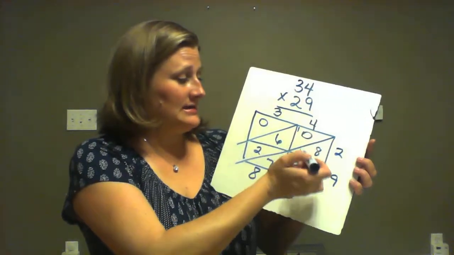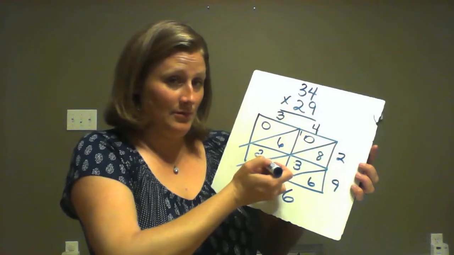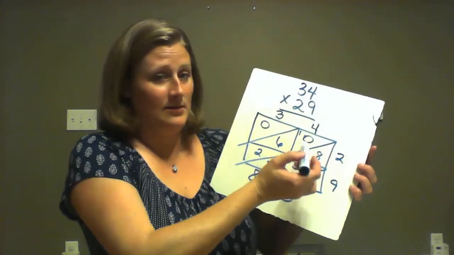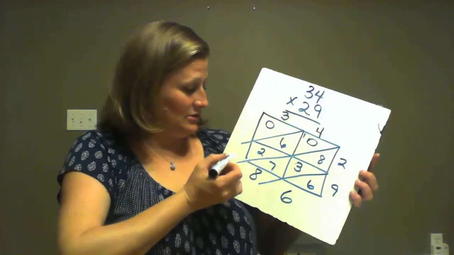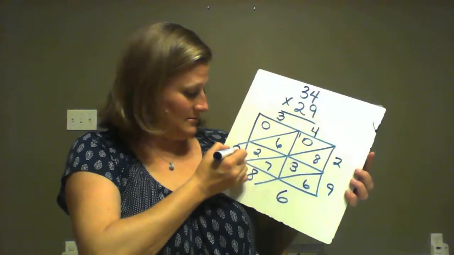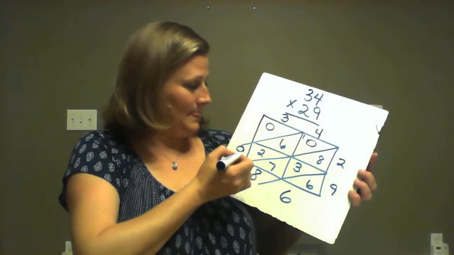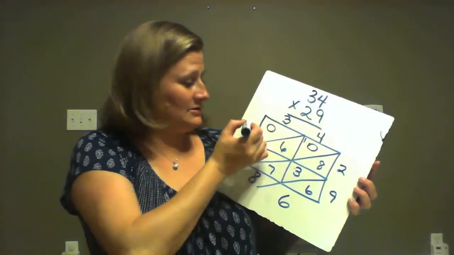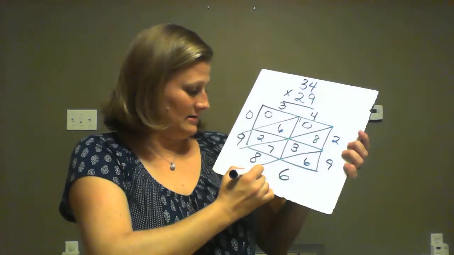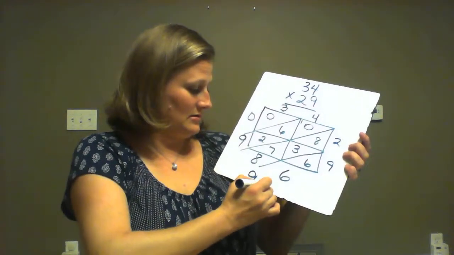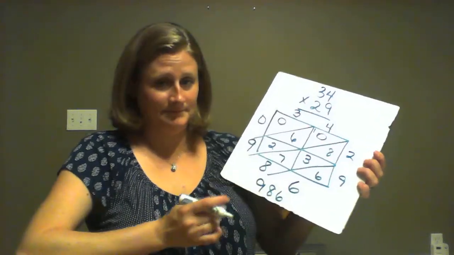And I just carry it to the next diagonal row. Okay, so I have 1 plus 0 plus 6 is 7, plus 2 is 9. And then I have a 0, so I have a 0 at the top. So 34 times 29 is 986.